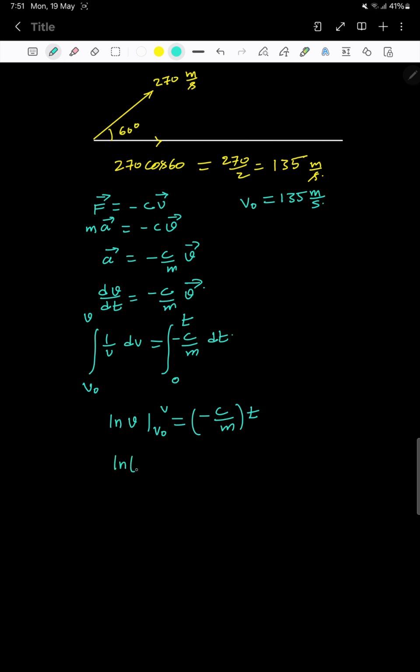So ln of v upon v naught is equal to minus c upon m times t. From this we can write v upon v naught is equal to e to the power minus c by m into t.